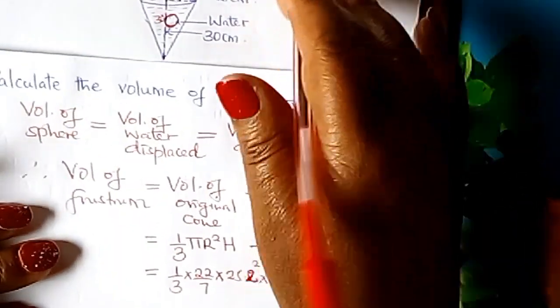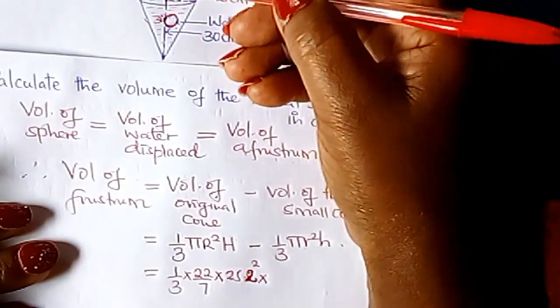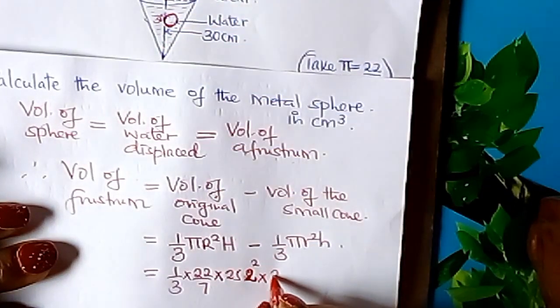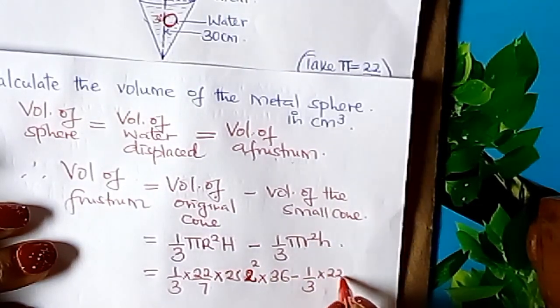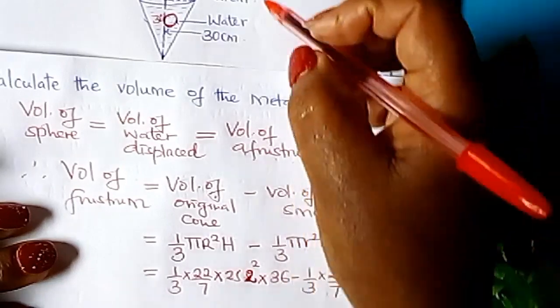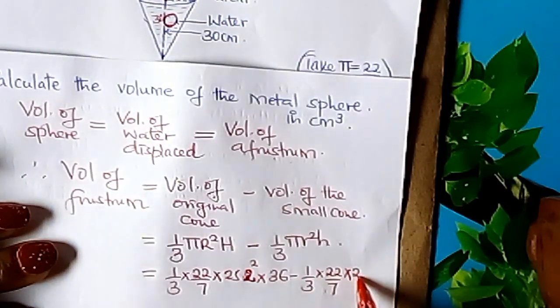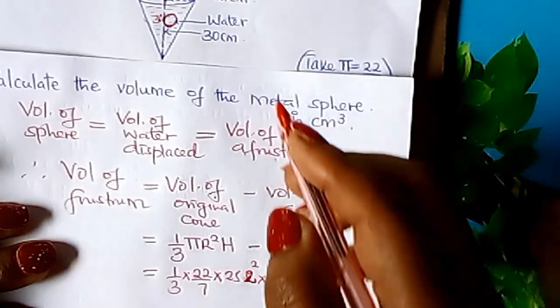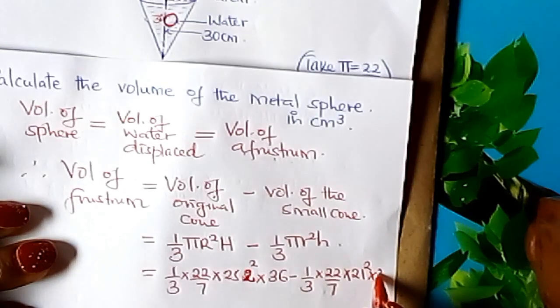The height of our cone, Lana, was what? 36. 30 plus 6, 36. Minus a third times 22 over 7 times the radius of the small cone, Lana, which is 21. So 21 squared times the height of the small cone, which is 30.